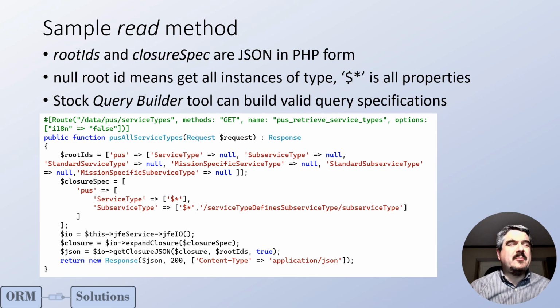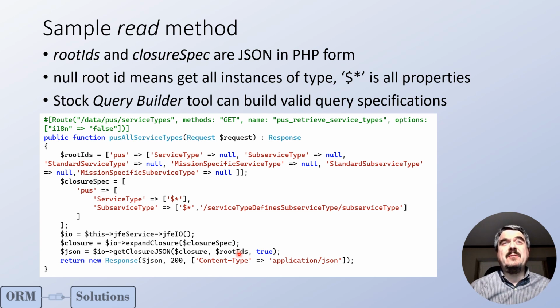So this is an example read method that gets data back out of the system. The boilerplate here is these lines at the bottom. This gets your IO service. Expand closure essentially precompiles the query requests you make, and then the JSON gets the data. So you have a closure specification which says how you navigate between objects and what you want to write to the output. And then the root IDs are your starting points. So in this case, we want all.